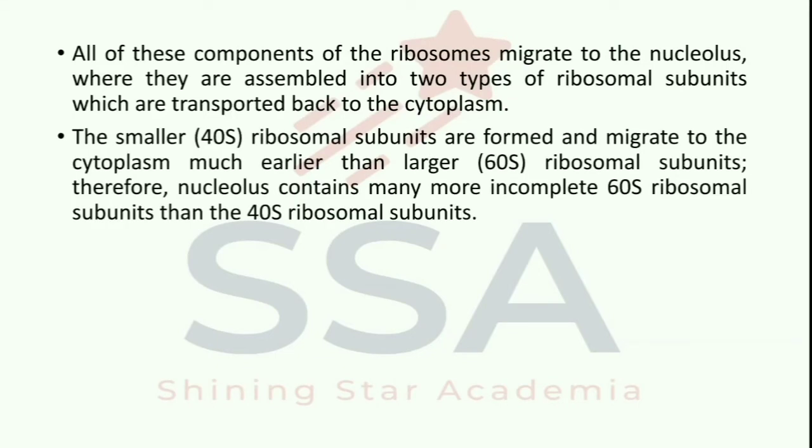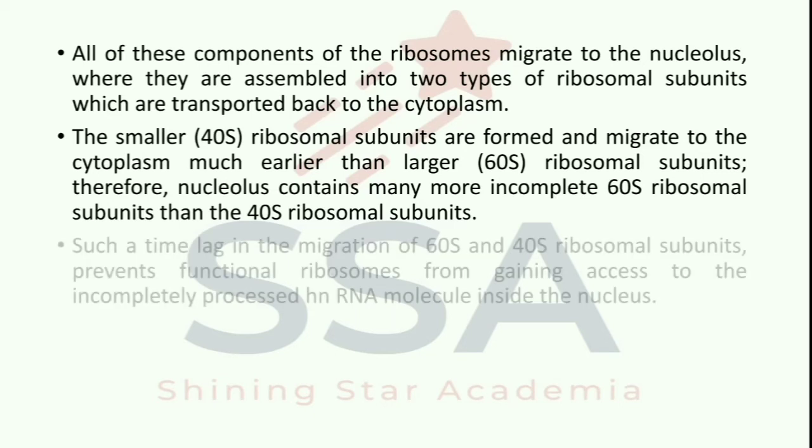The smaller 40S ribosomal subunits are formed and migrate to the cytoplasm much earlier than larger 60S ribosomal subunits. Therefore, nucleolus contains many more incomplete 60S ribosomal subunits than the 40S ribosomal subunits.